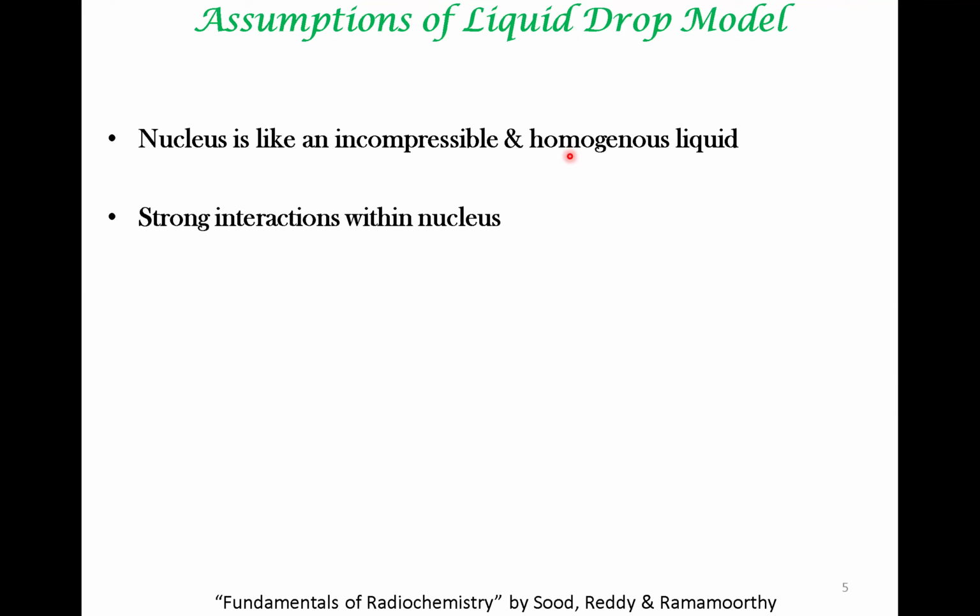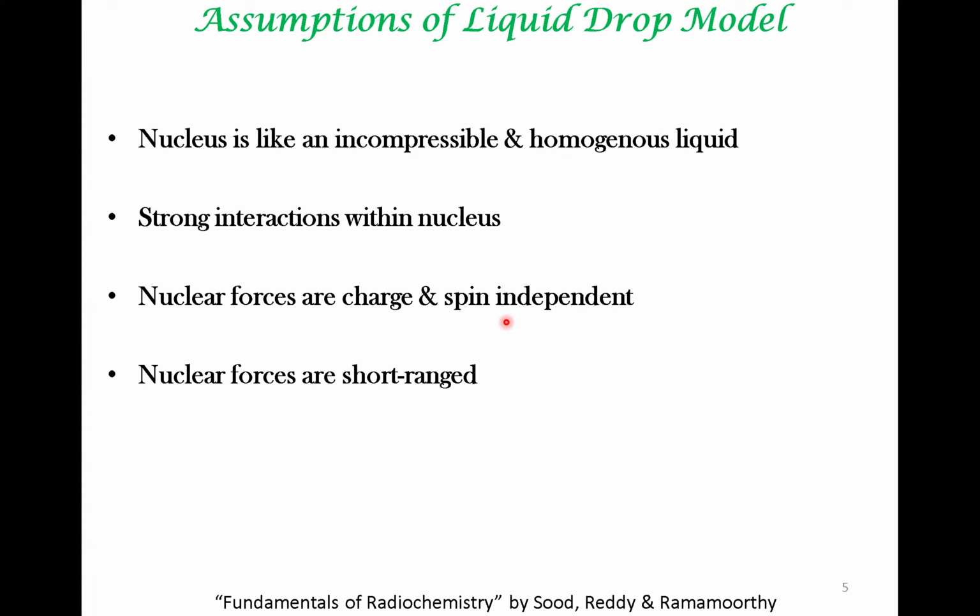Then the strong interactions are operational within the nucleus. They provide the attractive interaction. These forces, as mentioned in the previous slide, are charge and spin independent. So it doesn't really differentiate between proton-neutron, neutron-neutron, proton-proton interactions, and it's also independent of the spin of the particle.